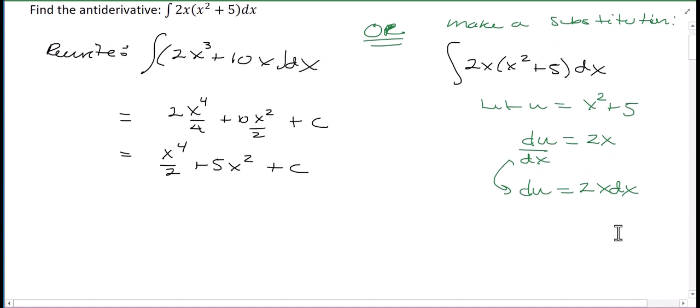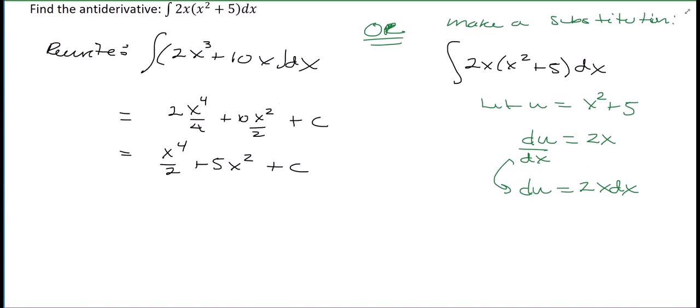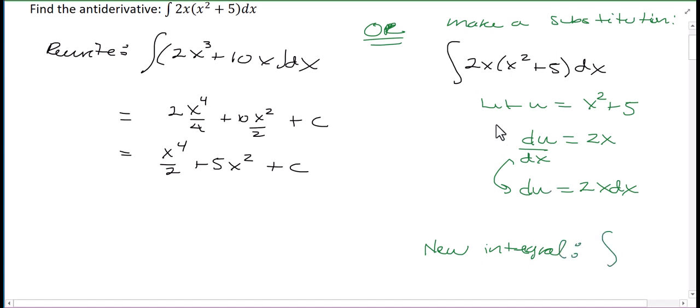And so now I can rewrite my integral with this substitution. So my new integral becomes what? It will be the integral of, notice that I have the 2x dx. So this 2x dx is now what we're calling du. And then on the inside, I have x squared plus 5, but x squared plus 5 is u.